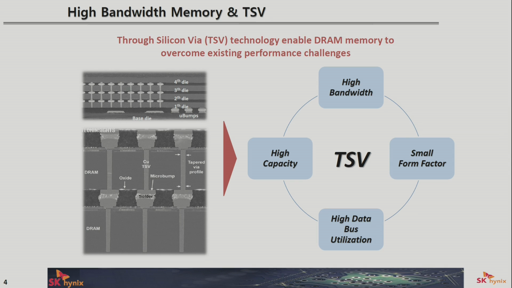TSV also allows the HBM device to pack much denser signals per unit area. So with that, the HBM device is able to pull out 1,024 I/Os per single device. And so TSV was the technology that allowed us to develop memories like the high bandwidth memory.